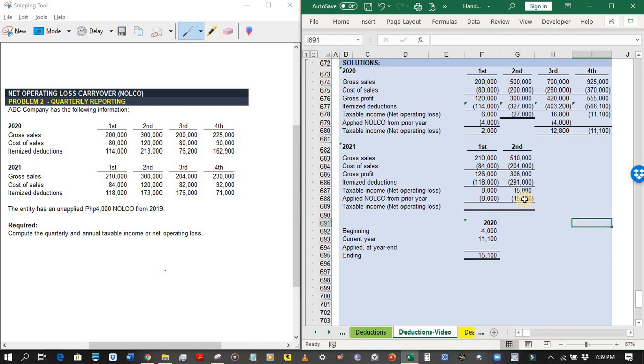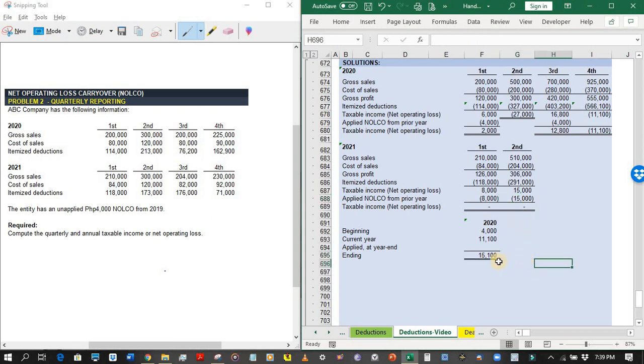Which means that if the 15,000 includes the 8,000 NOLCO applied in the first quarter, we added 7,000 NOLCO, which is still taken from the 15,100 in order to deduct from the taxable income for the second quarter. So the 15,000 pesos is taken from the 15,100.